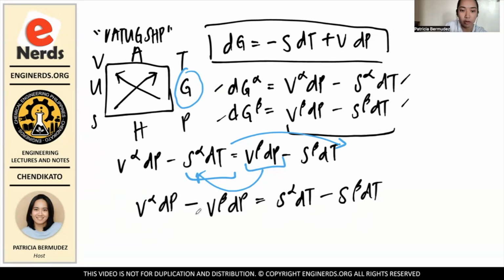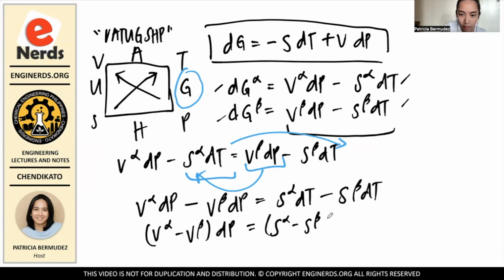And now we just have to factor yung lahat ng may d here. Lahat ng differential. So V alpha minus V beta, and that one is in parenthesis dP, is equal sa S alpha minus S beta dT.